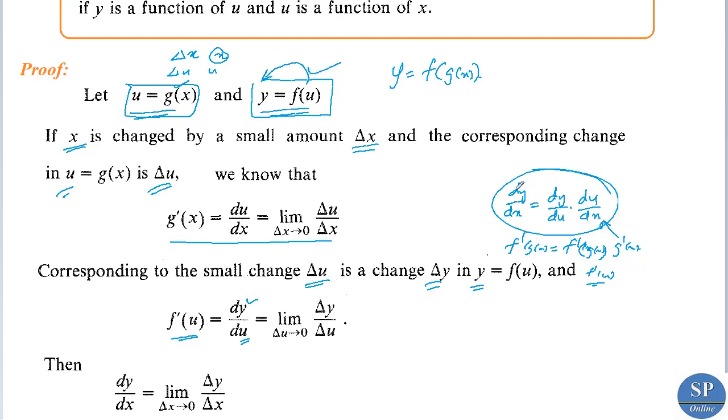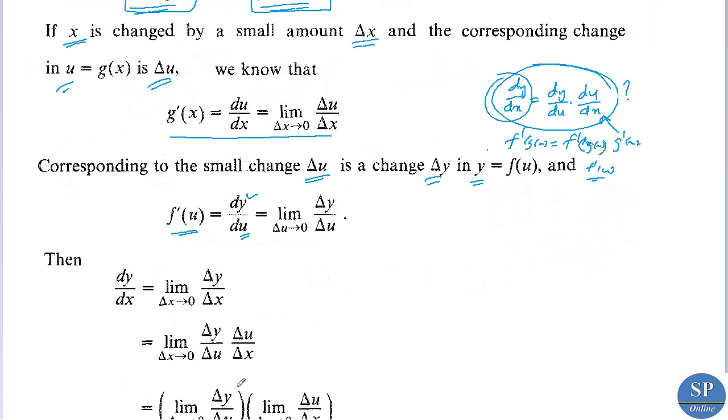Now to prove this, we know dy/dx by definition is limit delta x tends to 0 of delta y by delta x. Now this delta y by delta x can be written as delta y by delta u into delta u by delta x, dividing and multiplying by delta u.